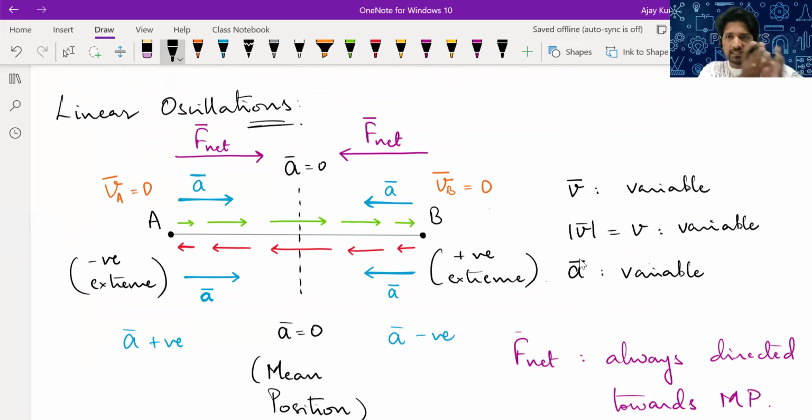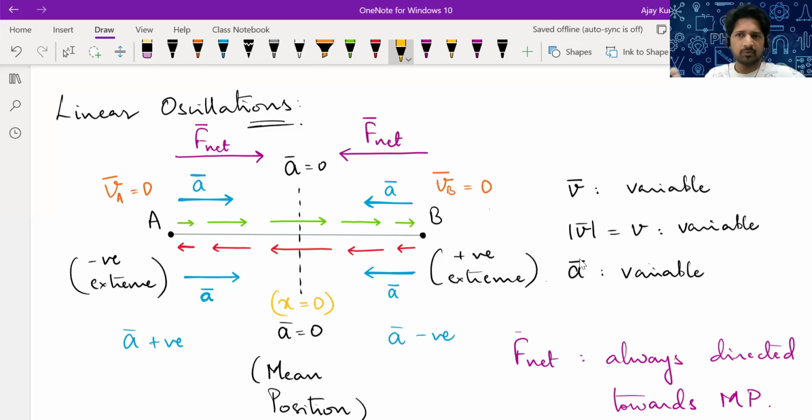And when the object is on the left side of the mean position, the restoring force is to the right. So what we are going to do is assign the mean position as 0. This is not a rule. The object could be oscillating anywhere on the x-axis, but for now let us consider the mean position to be x equal to 0.